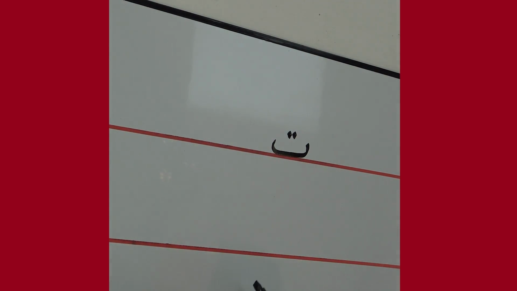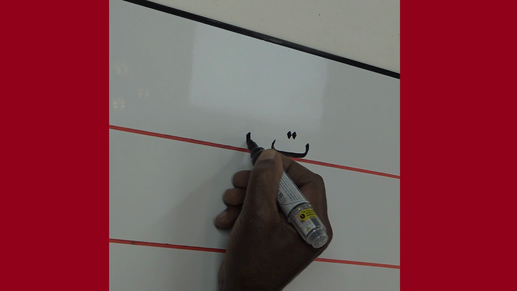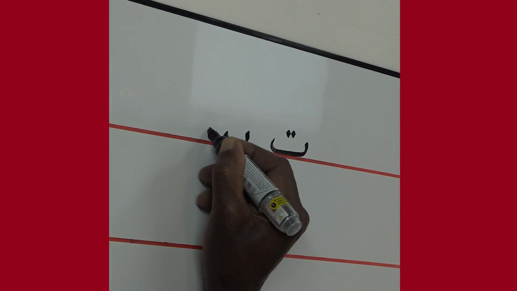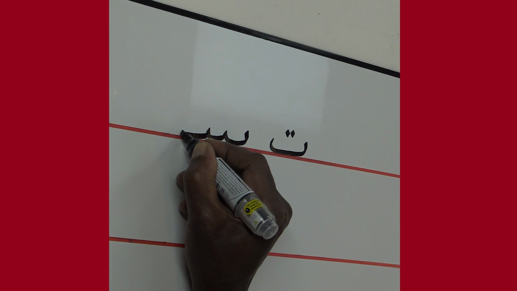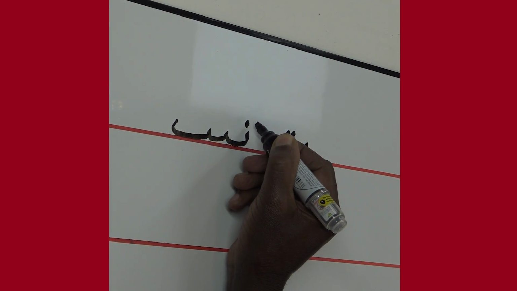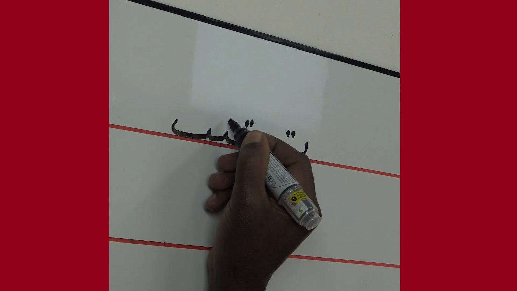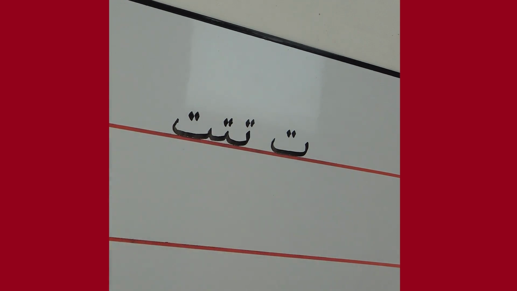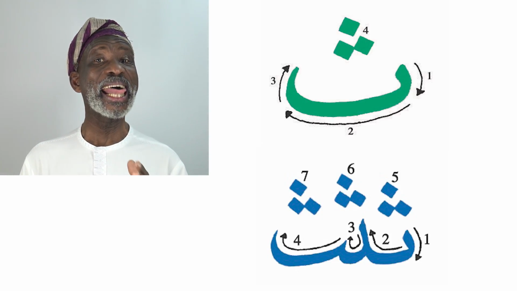To join letter Ta is the same hand movement. First Ta extended to join the second to join the final Ta. Then go back and apply your 2 dots on each of the letter Ta. Letter Ta joined.